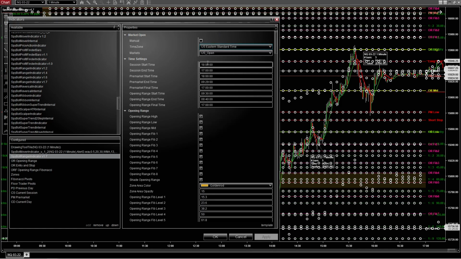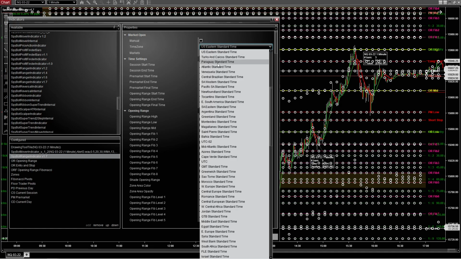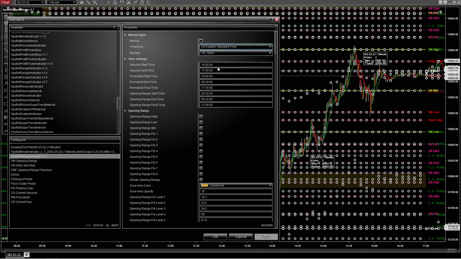And when you do that, it will change the times here. So if you click on, like right now, that's 18 and 17. If you go to Central Standard Time, this 1817 will change. It just went back an hour. So Central is 1 hour behind me, so it changes everything according to what it should go to.